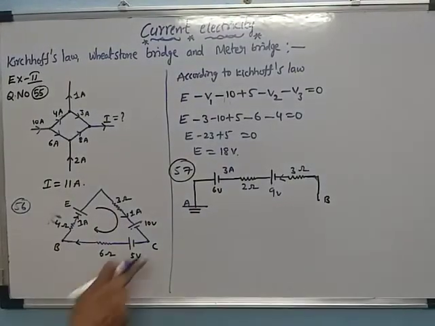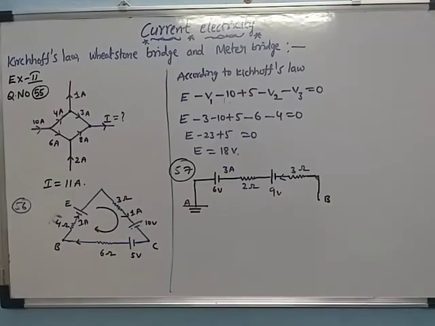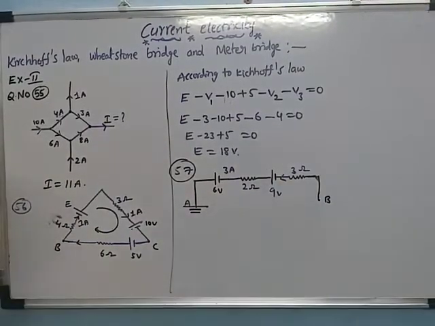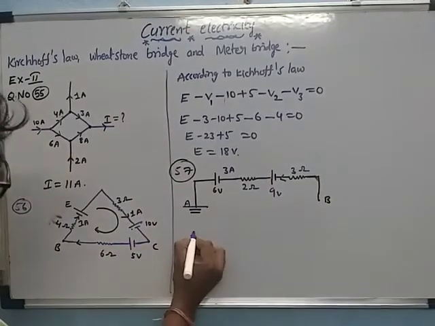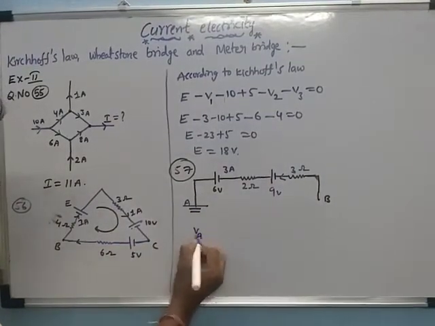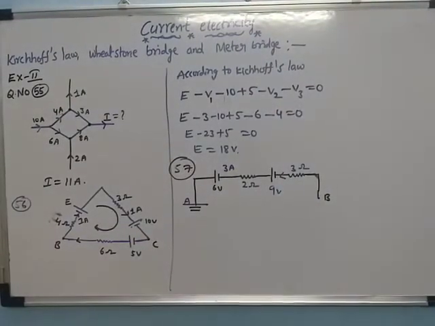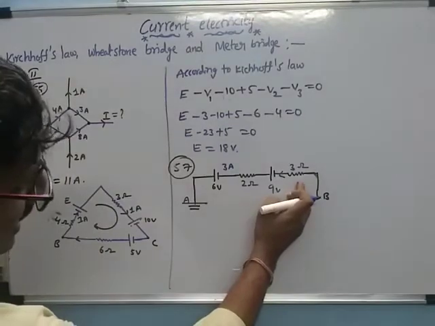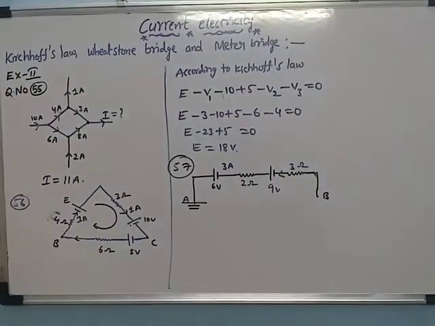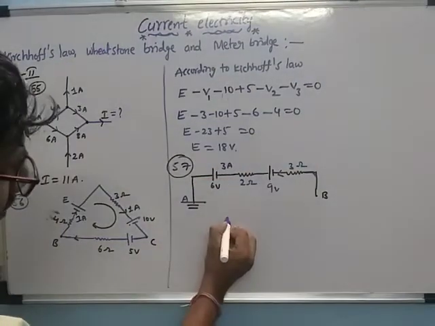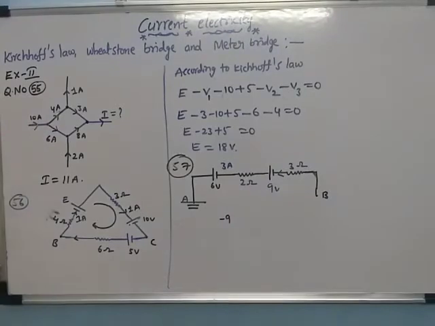See, observing this, the ground means lower potential, and this is the higher potential. Now the current will be in this direction. Then we can write VA, or VB, taken here. First, the current is 3 ampere and the resistance is 3, so 3 into 3 is 9, this is minus 9, since the current and the loop are in the same direction.